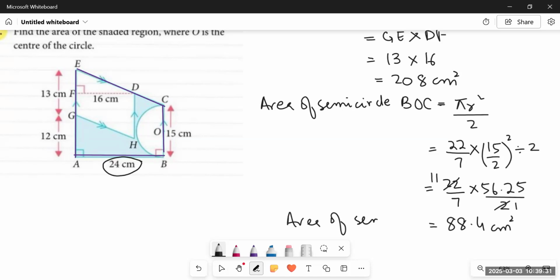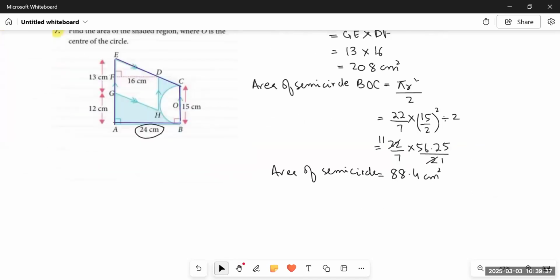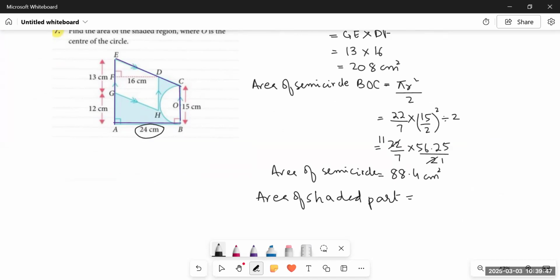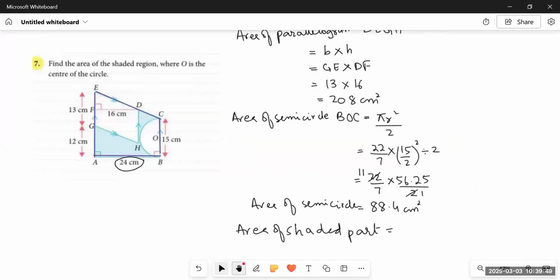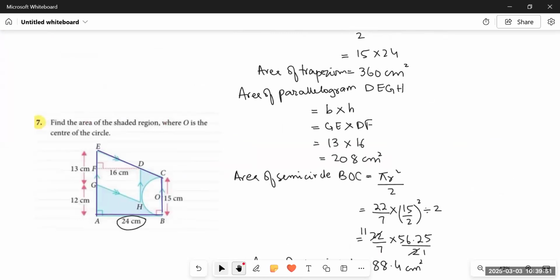So this is the area of the semicircle. Next, what we have to do, we just have to find out the area of the shaded part. So we will take the whole area of this trapezium, which was 360.